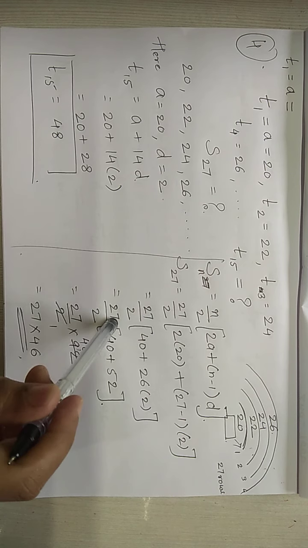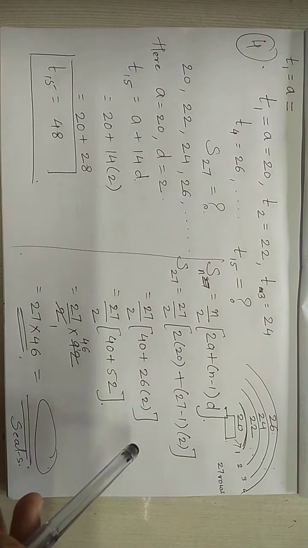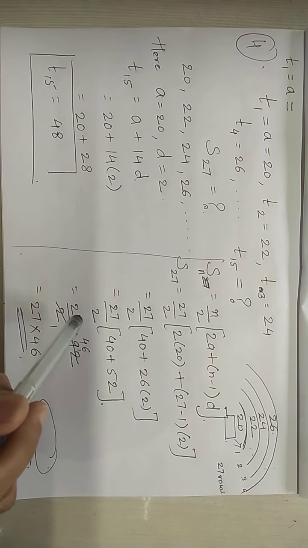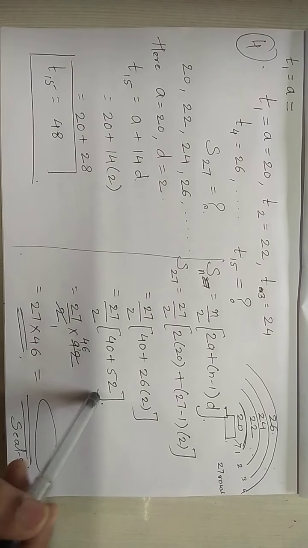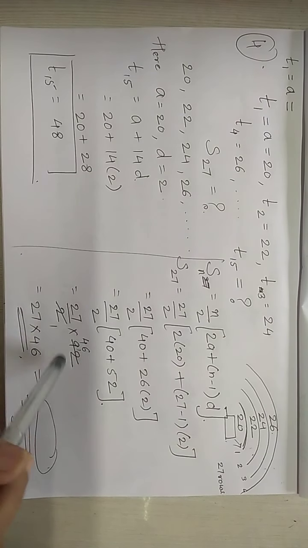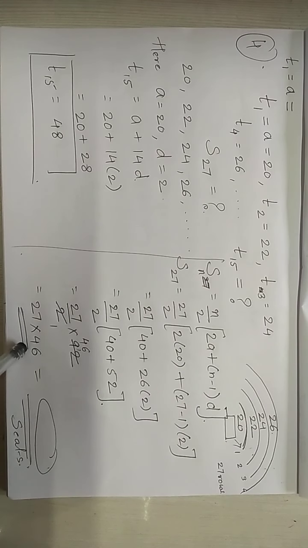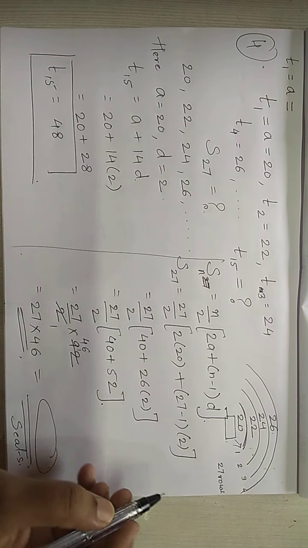That is 27 upon 2, 40 plus 26 into 2. 27 upon 2, 40 plus 52. 27 upon 2 into 92. We cancel 2 and 92, we get 27 into 46. Now you need to multiply 27 into 46, which will give you the answer for the total number of seats.